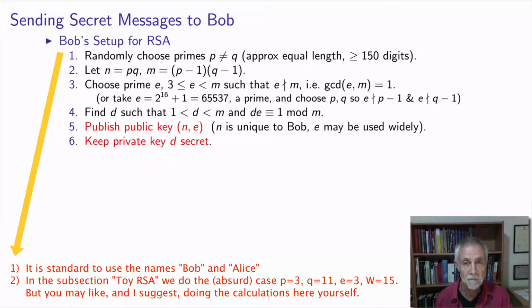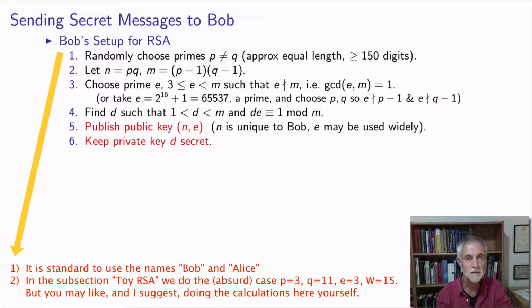This is a prime, and then to make sure that in the process of choosing P and Q, E did not divide P minus 1 or Q minus 1. Because if that's the case, and since E is prime, that means that E does not divide M, being the product of P minus 1 and Q minus 1. And so, again, the greatest common divisor of E and M is equal to 1.